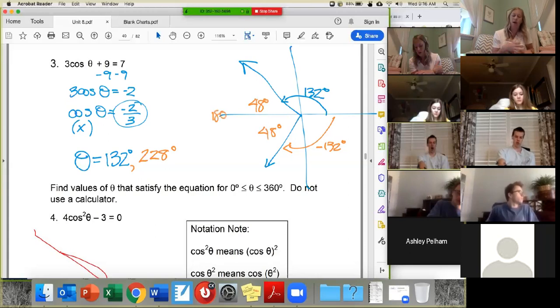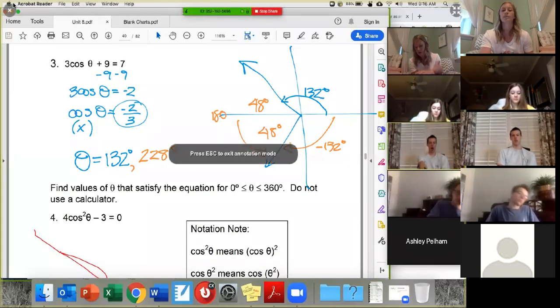So I would have probably subtracted 180 minus 132, found the reference angle of 48, and then added that to 180 to get 228. But honestly, having the skills to just figure out where that is, I don't care how you get there. It's just that you do get there, you know?